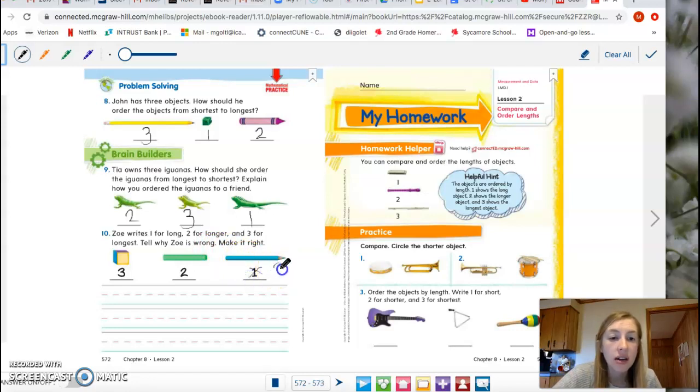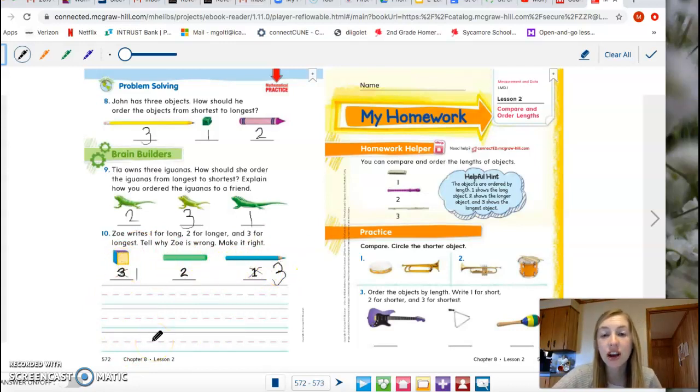This one is the longest. This, that's in the middle, that's right. But this one is long. So we have long, longer, longest. So what did she do? She went backwards, had the order backwards. You can write that in the space, but I want you to cross those out.